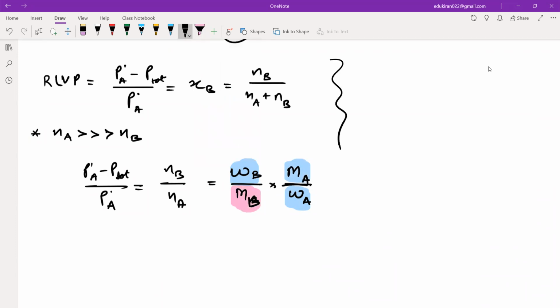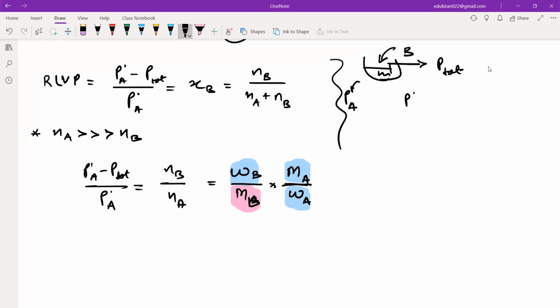सिंपल से experiment हम लोगों ने किया. We had water. इसका हमको P naught A पता है. We know the P naught A for water. Then we added some solute. And after that we measured from the barometer manometer what is the P total.